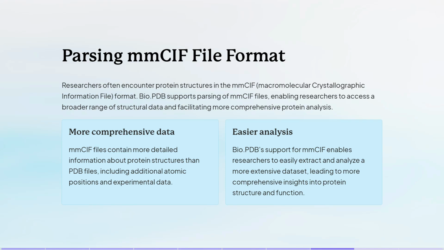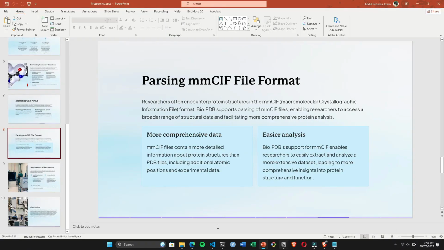It will give you access to a broad range of structural data, facilitating more comprehensive protein analysis. It contains more detailed information about protein structure than PDB, including the atomic positions, experimental data, and it is also easier for analysis because it contains a diverse amount of data.